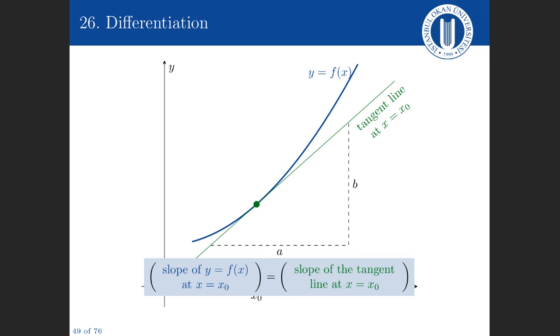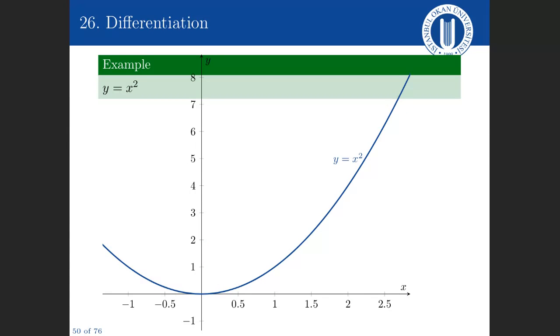So if we know the slope of the tangent line, then we know the slope of the blue curve. But how can we find the slope of the tangent line? Let's look at some examples first. Let's suppose we have the function x squared.